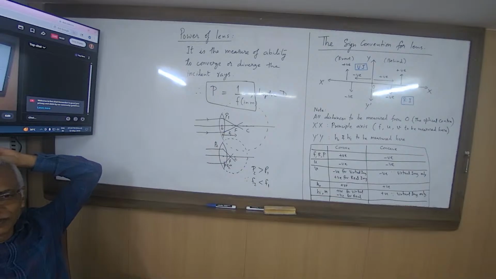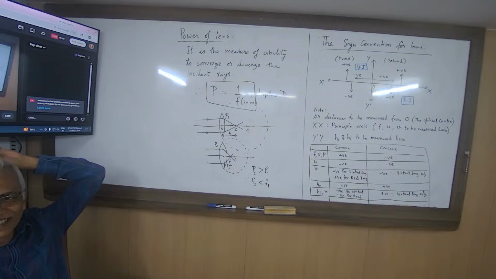So what is the radius on a curved surface? The normal. So what if the ray is incident along the normal? Zero. See, this is how they fool you.